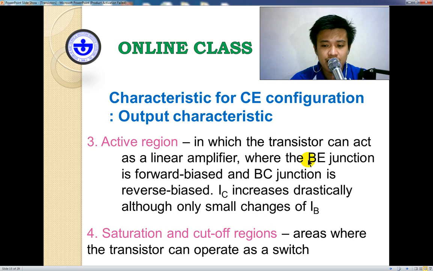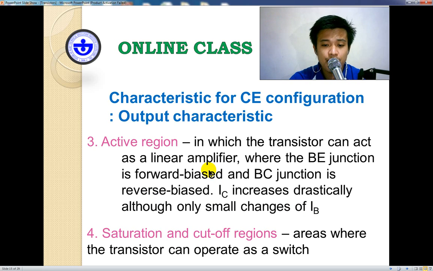Okay, wherein the base and emitter junction is in forward bias, and the base and the collector junction is reverse bias. So the current in the collector increases drastically through only small changes in the current of the base.